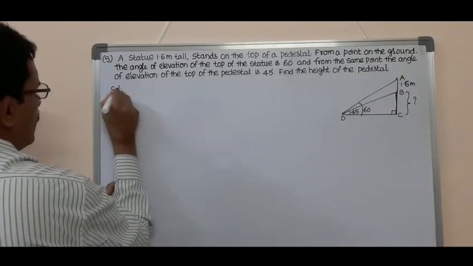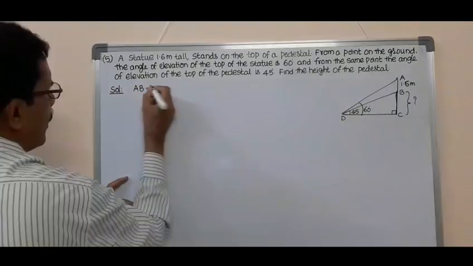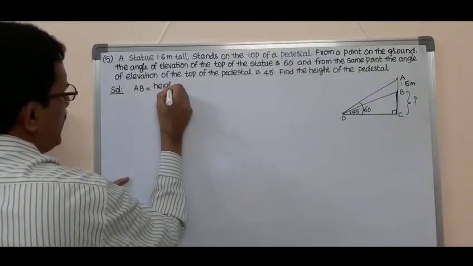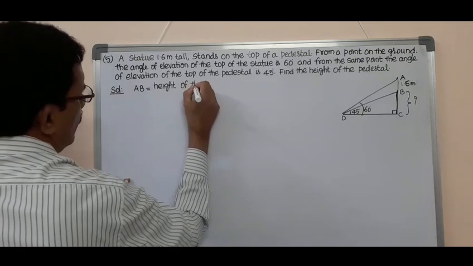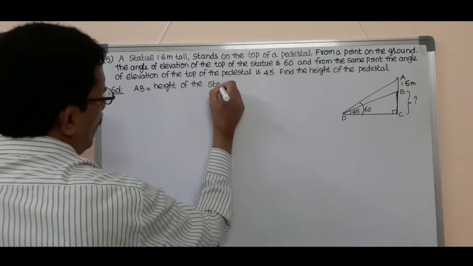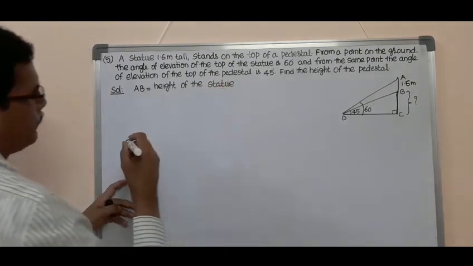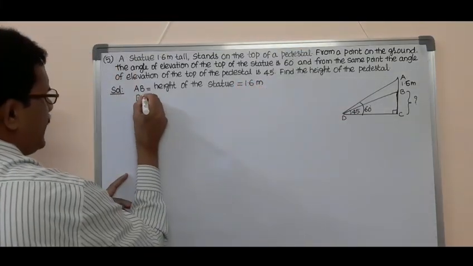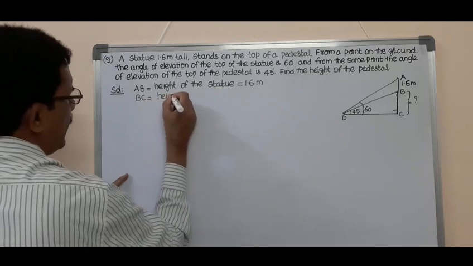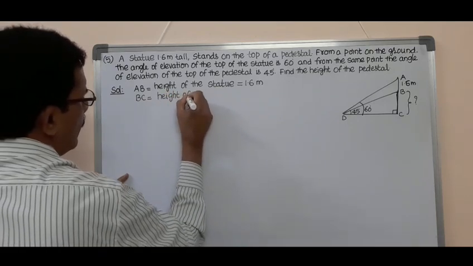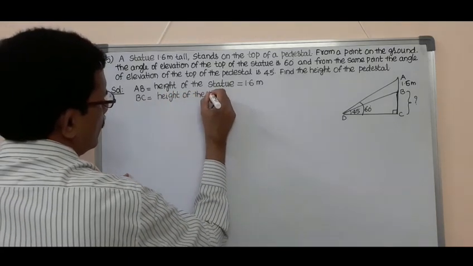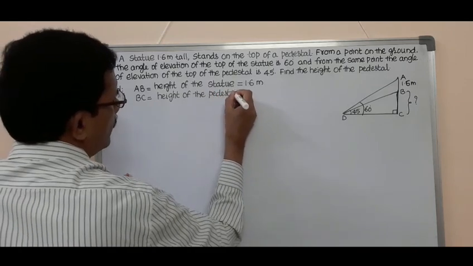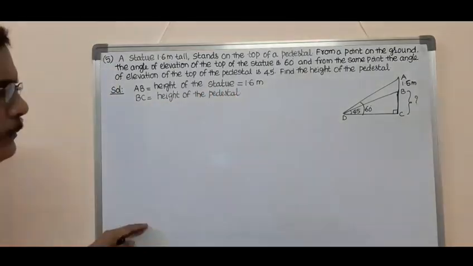Solution. AB is equal to height of the statue. It is given 1.6 meters. BC is equal to height of the pedestal, that we have to find.